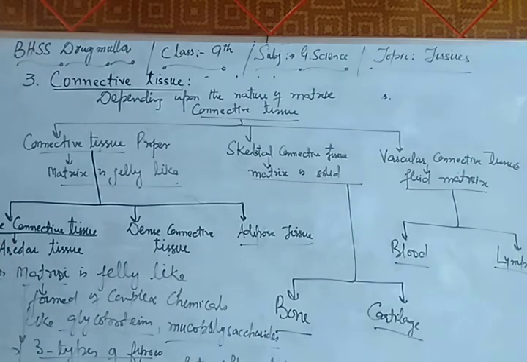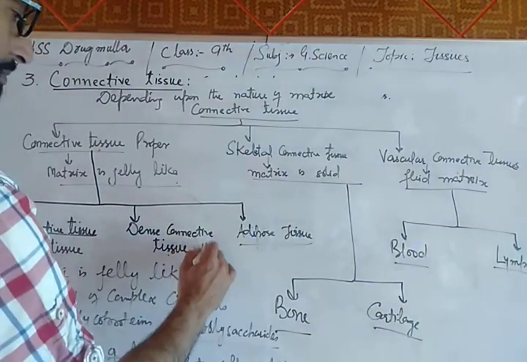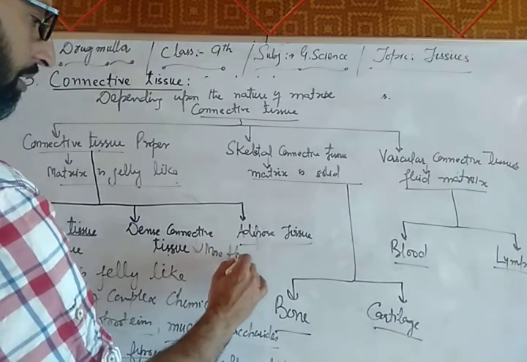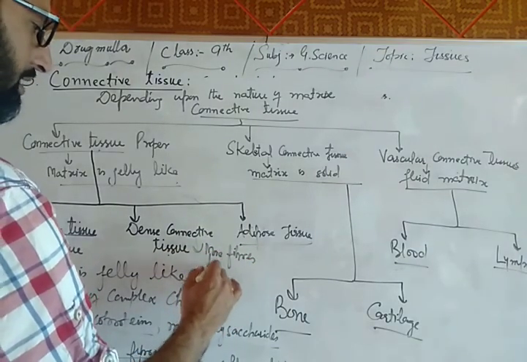This dense connective tissue, that is a component of tendons and ligaments, इसमें fibers ज़्यादा हैं, matrix कम है. More fibers, less matrix.